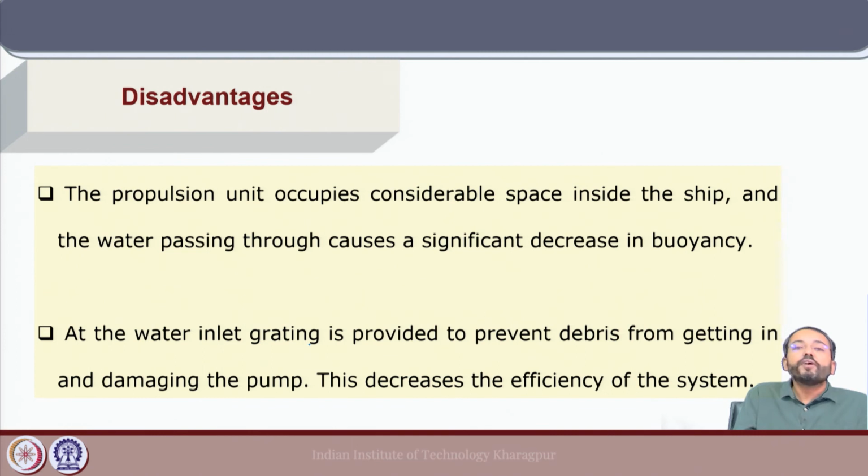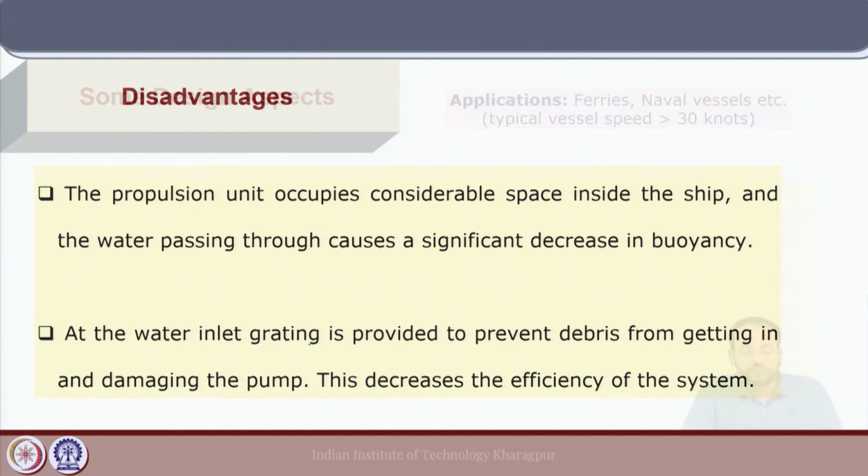Now, because of providing this grating, the efficiency of the water jet system is slightly affected, but this is an essential component in the water jet system to prevent the impeller from being damaged due to these debris or other particles going inside the water jet system.